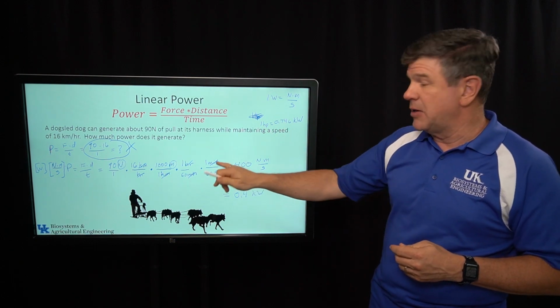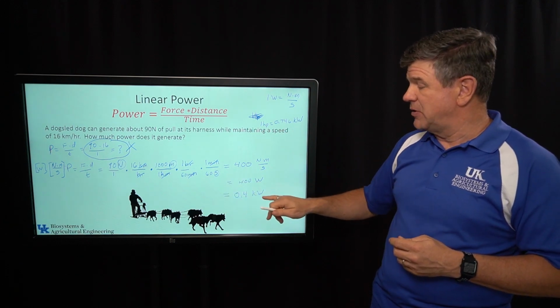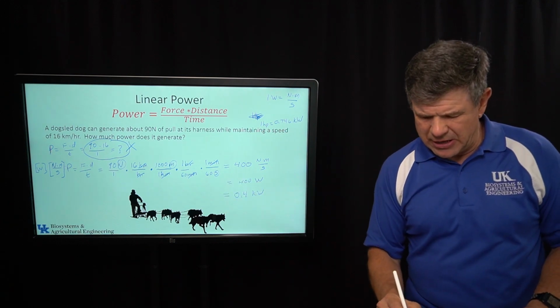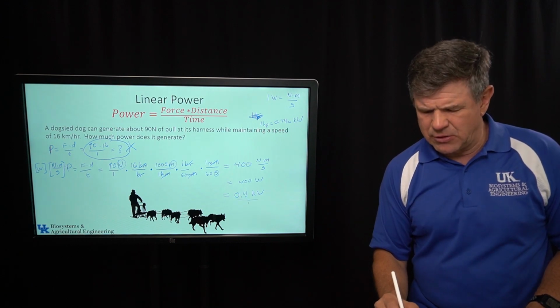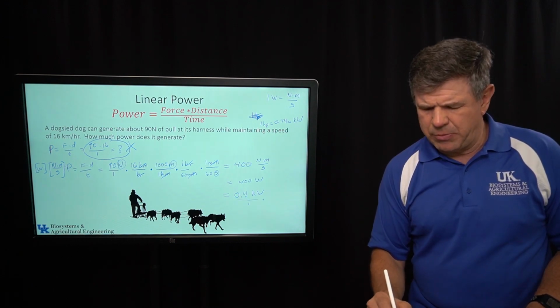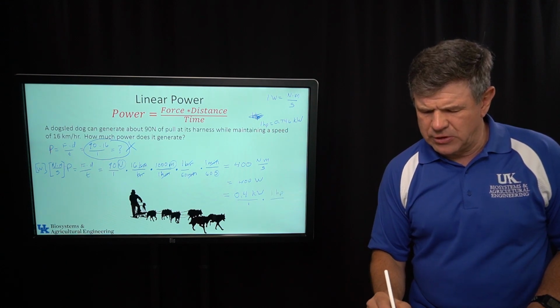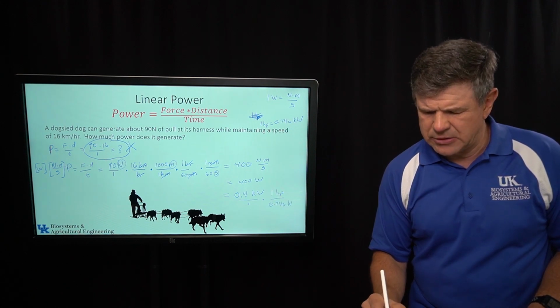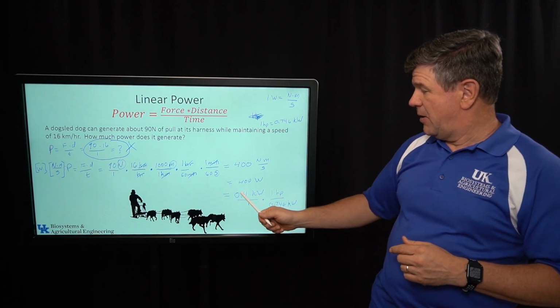I can use that in my whole fraction deal like I have been doing along here to convert this to horsepower. So this is really like a fraction, 0.4 kilowatts, and we can say that's over 1. And I'm going to multiply that by 1 horsepower is equivalent to 0.746 kilowatts.